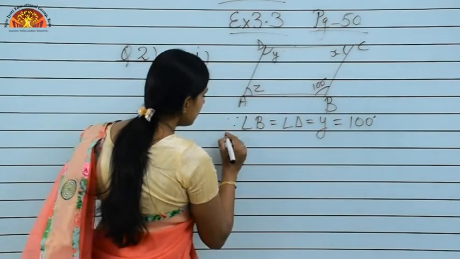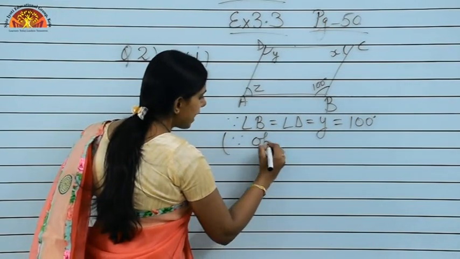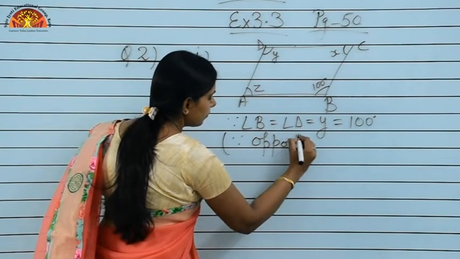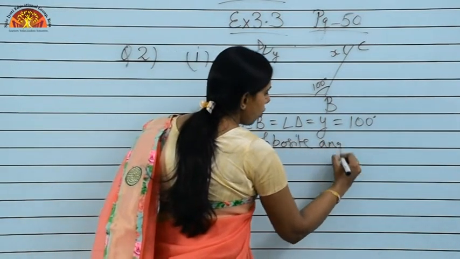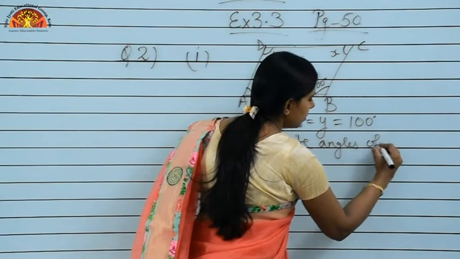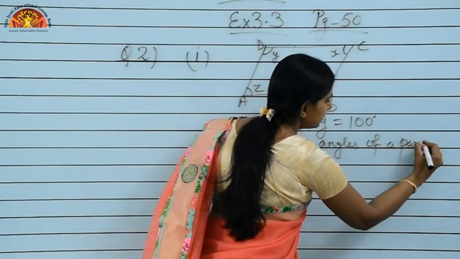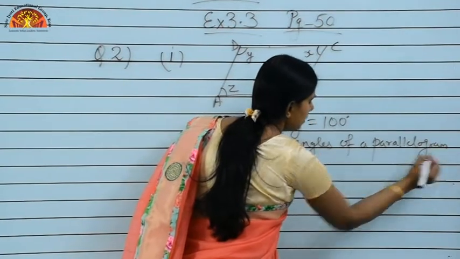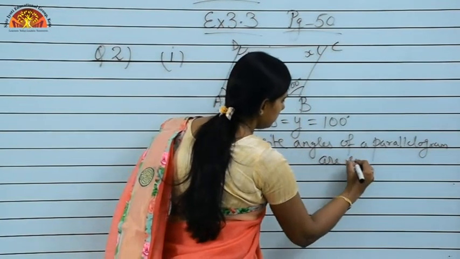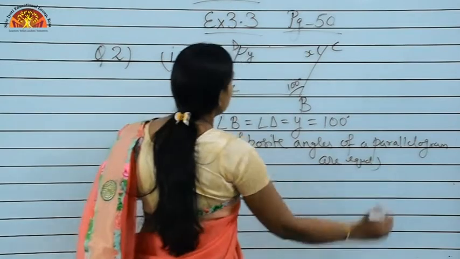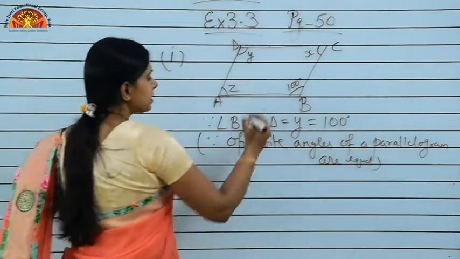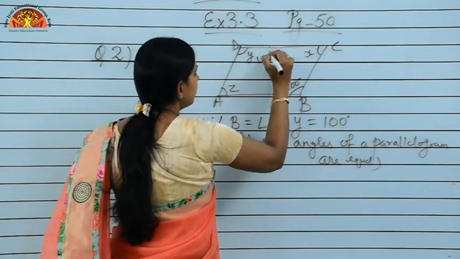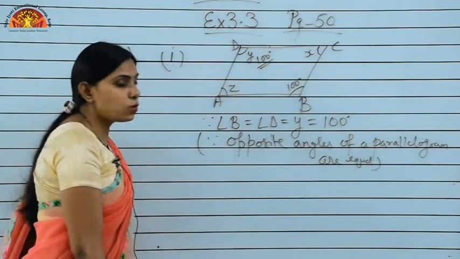What is the reason? Since opposite angles of a parallelogram are equal. So how much will y be? Y will become 100 degrees. That is the measure of y is equal to 100 degrees.